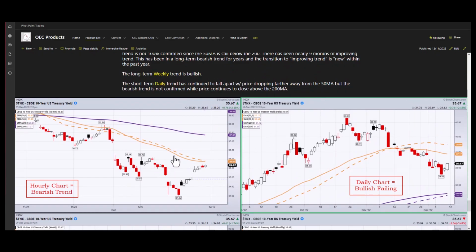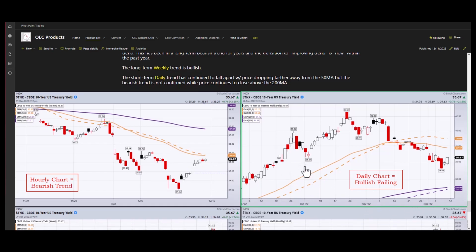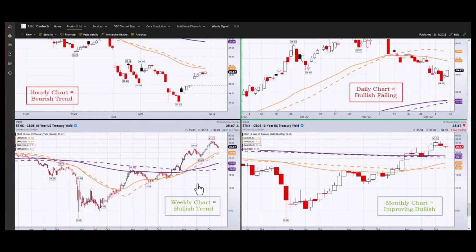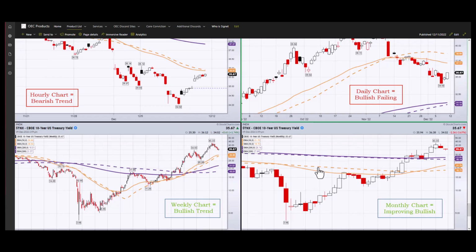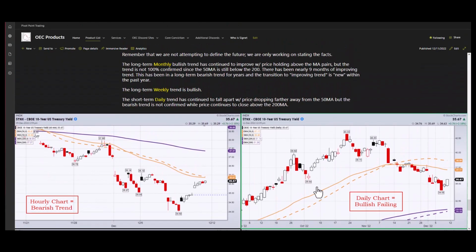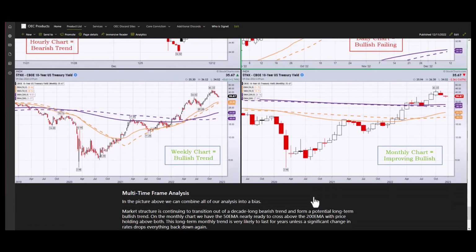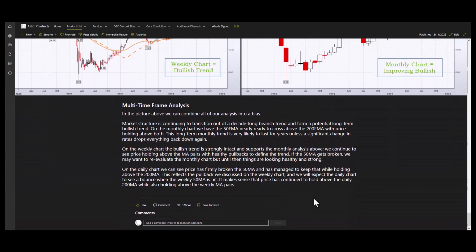That every single time frame is telling you there's a bullish trend. And how long is that bullish trend supposed to last? Well, according to the monthly, it could last for years. And on the weekly, it could last for months. So, putting that time frame together is really how you start to write out your analysis, by using those declarative sentences.